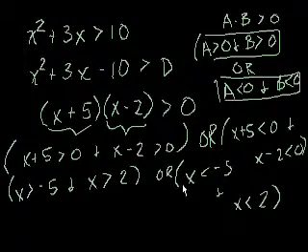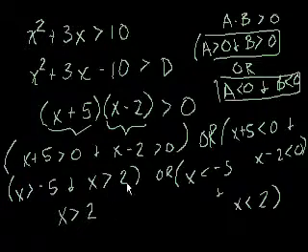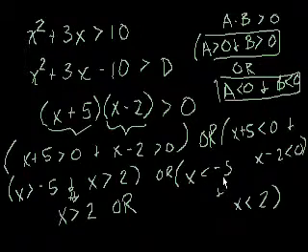Now we can actually simplify this, because here we say that x is greater than negative 5 and x is greater than 2. So in order for both to hold, this simplifies to x is greater than 2, right? Because if x is greater than 2, it's definitely greater than negative 5. And here we said x is less than negative 5 and x is less than 2.